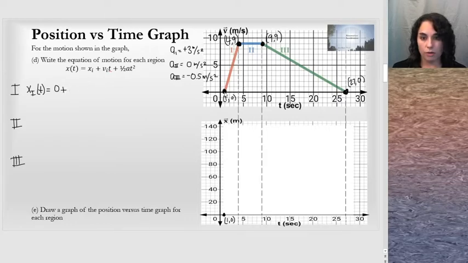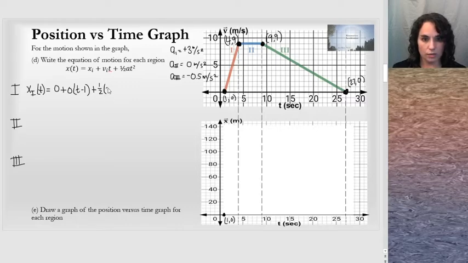Well, I look at the graph for region 1. The initial velocity is 0. I'm going to note that the time is 1, so the time variable in here is going to be t minus 1 to take into account that it starts a little bit later. And then I'll identify the acceleration for the region. I calculated that in a previous lesson.